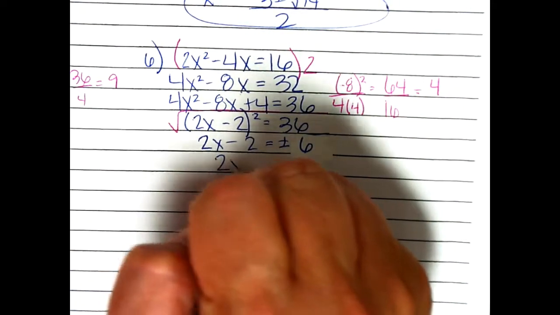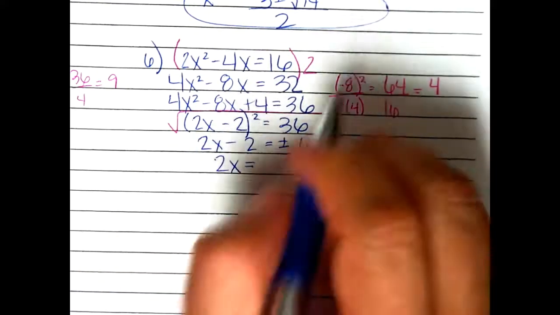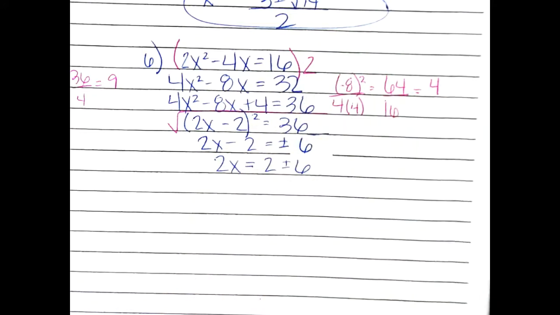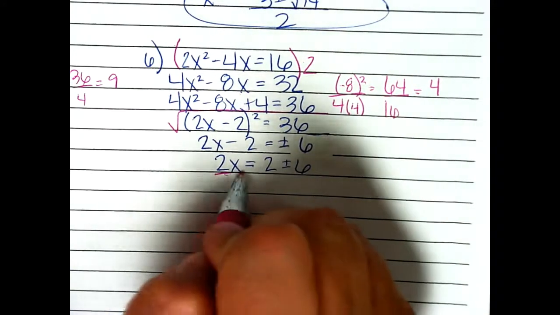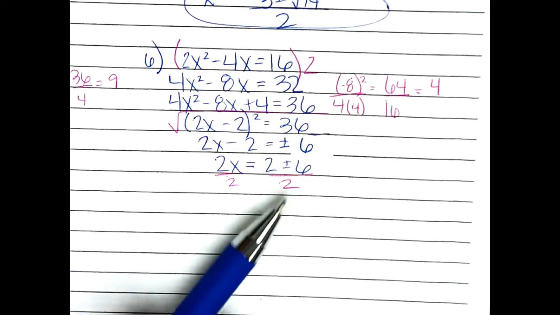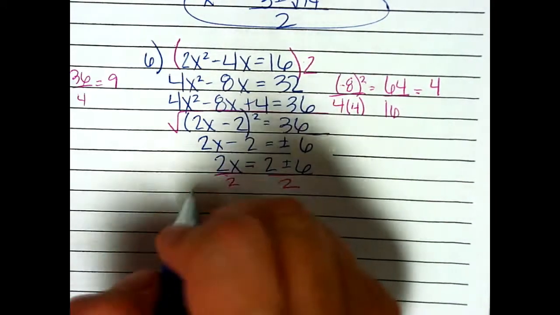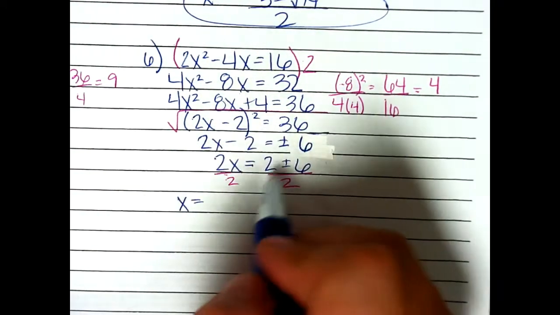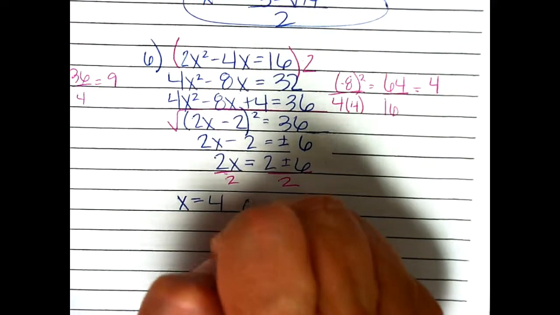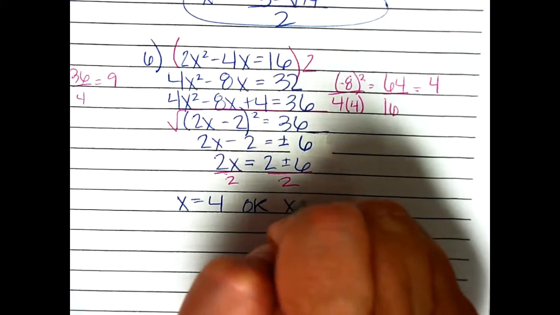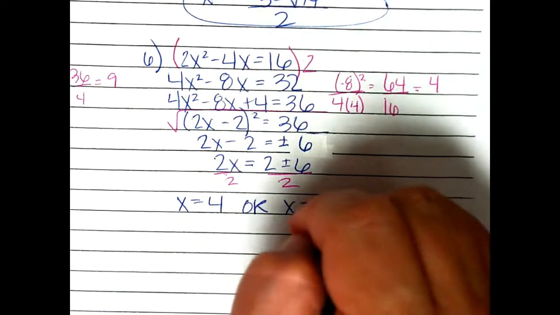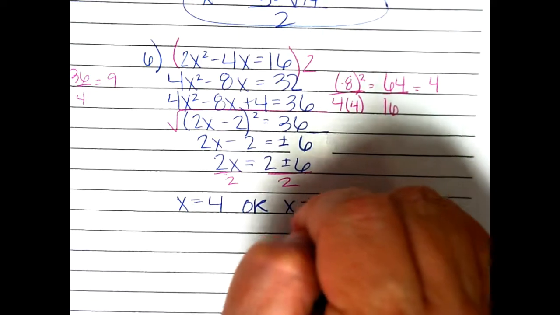So 2x equals 2 plus or minus 6. And then I need to divide by 2. And again, these are numbers that we can use. So x equals 2 plus 6 is 8, divided by 2 is 4. Or x equals 2 minus 6 is negative 4, divided by 2 is negative 2.